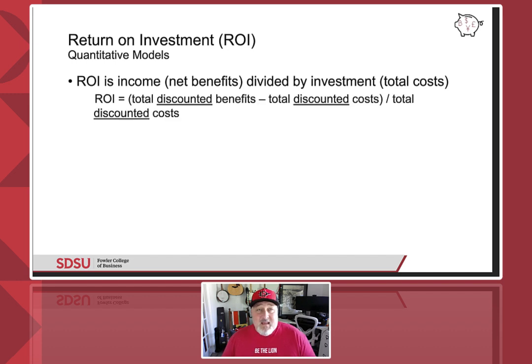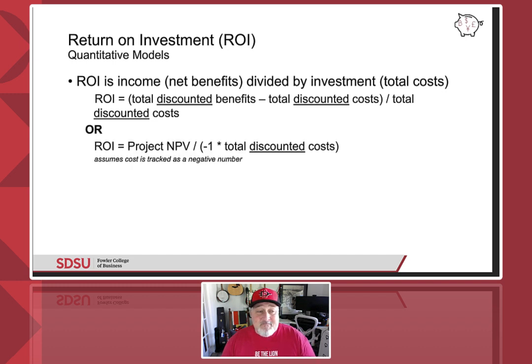If it's just year zero and it doesn't go longer than a year, then we don't need to account for a discount rate. But in most cases, most projects are going to be longer than a year, and so we want to apply the discount rate. So then it would be total discounted benefits minus total discounted costs, and that gives us our net present value number. And then we divide that by the total discounted costs.